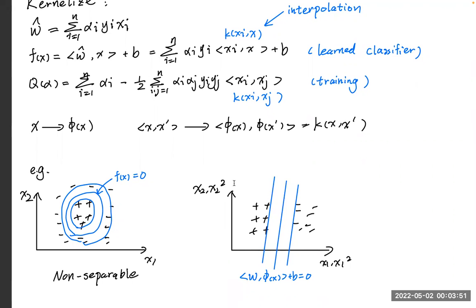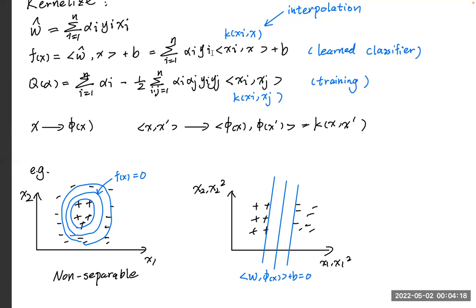That is, this function w phi x plus b is the same as the summation alpha i yi k xi x plus b, because if you change everything to features, if you change this xi to phi xi and change this x to phi x, this is w phi x plus b, right?